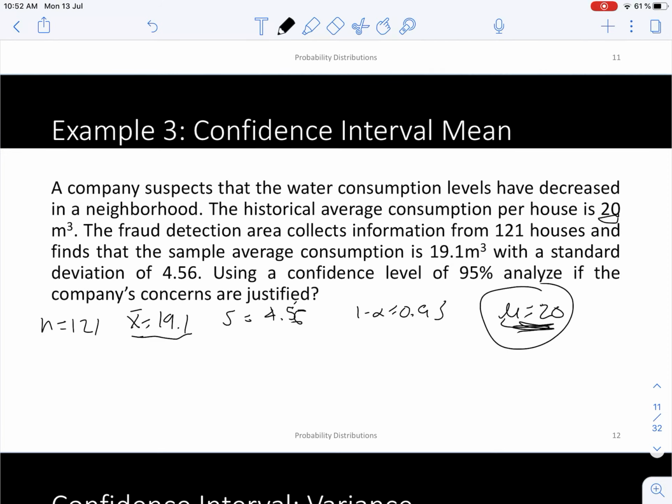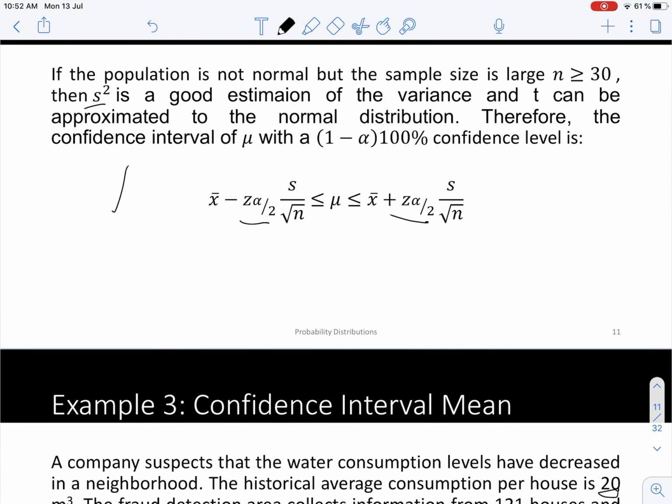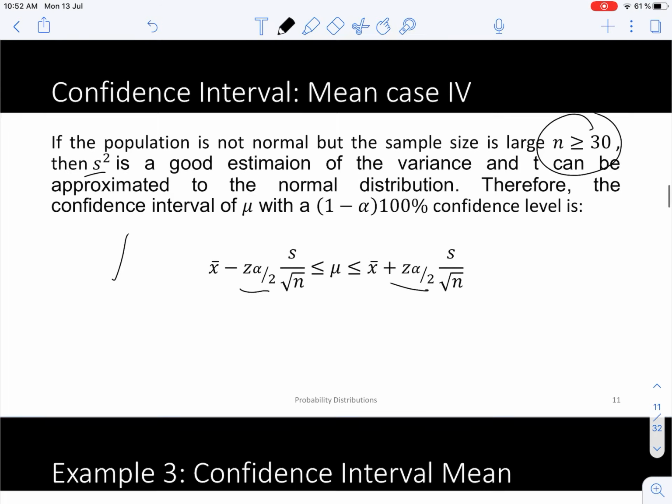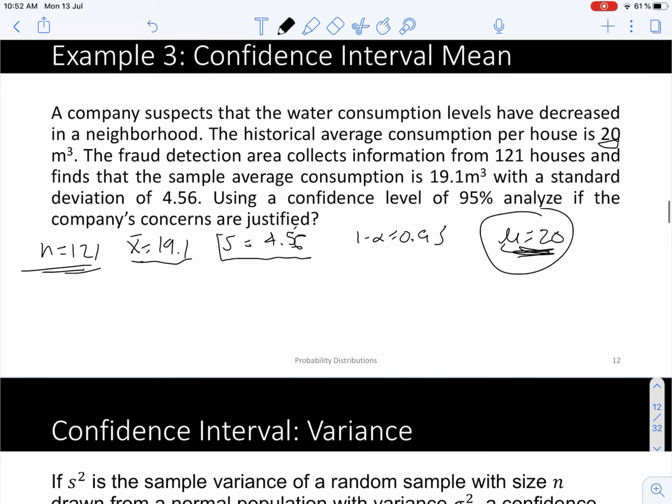For that purpose, the population standard deviation is unknown because this is sample information, right? S equal to 4.56. Please note that we have a large sample size, which satisfies case 4, right? n is greater than or equal to 30, therefore we can approximate to a normal distribution. So let's do that. I'm going to create the lower and upper limits for the confidence interval. So X bar 19.1 plus minus. Now we need the z value.